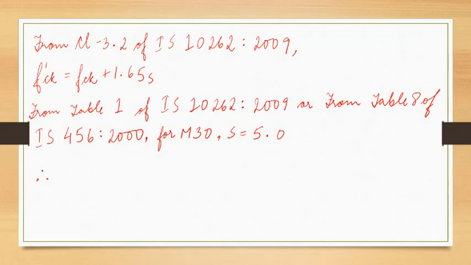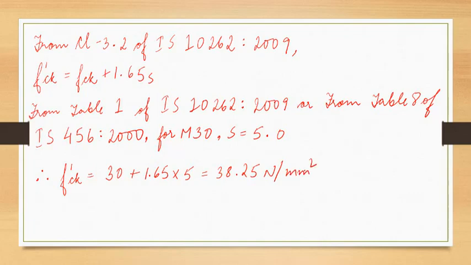Therefore FCK dash is equal to FCK, which is 30, plus 1.65S, so 1.65 into 5, which is equal to 38.25 Newton per mm square. So this is the target strength.